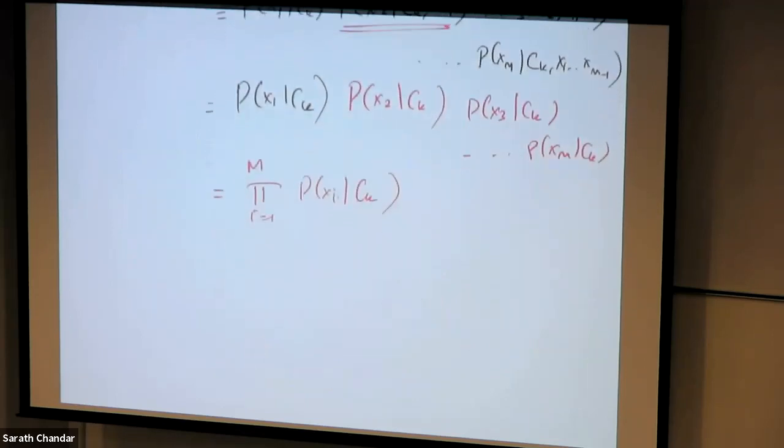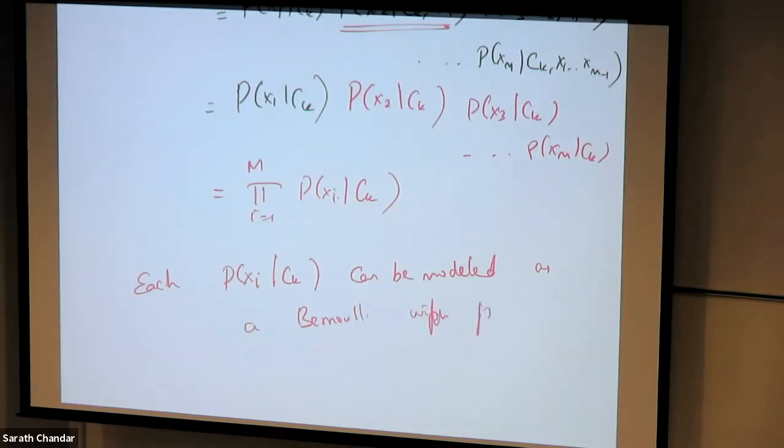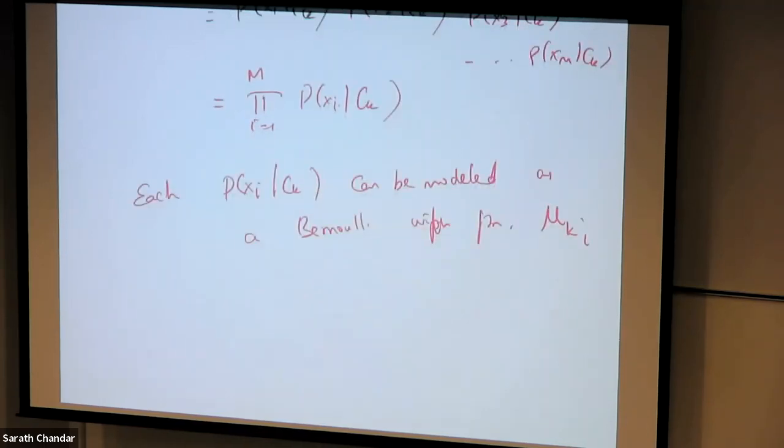So we can use a Bernoulli here. Each probability of xi given Ck can be modeled as a Bernoulli with parameter mu ki. The Bernoulli is going to have this parameter mu ki, which is basically the probability that xi is equal to 1 given Ck.